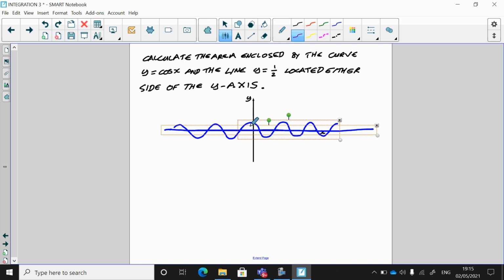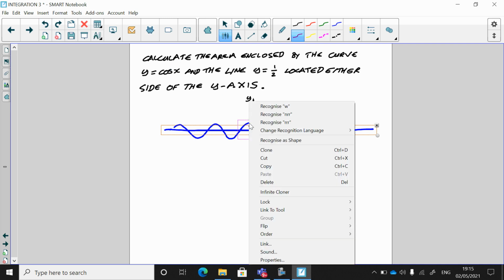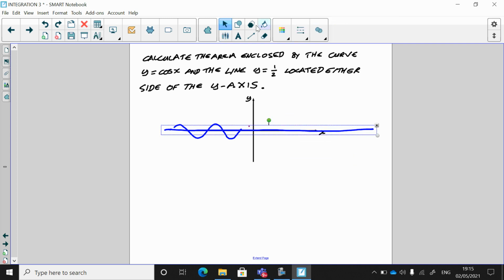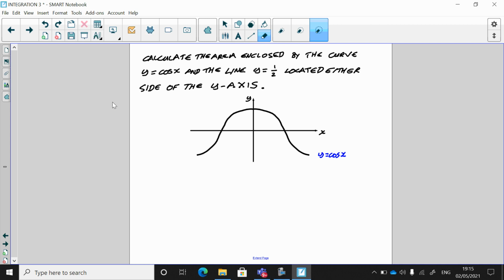For some reason, these don't want to disappear. Right, I'm just going to get rid of these here, folks. Okay, so that's the region I'm talking about: the line y equals a half, which is horizontal, and the curve, or part of the curve, y equals cos x. So I'm talking about that region, that watermelon in there.